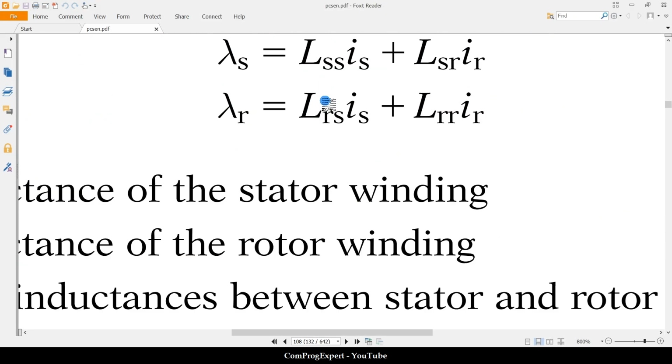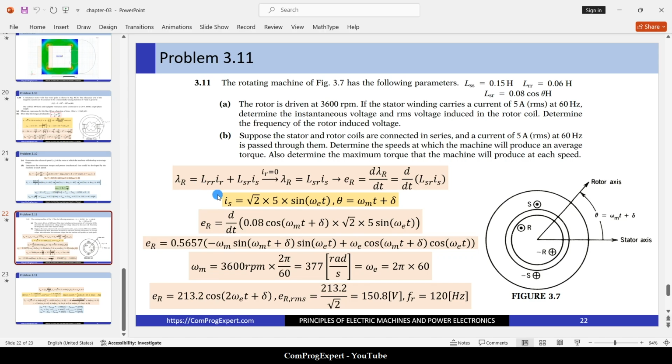This is lambda R, the flux linkage to the rotor coil. The rotor coil is open circuit, IR is 0, so the flux linkage to the rotor coil is LSR IS. We only have the current in the stator coil. And here, as you can see, the value of the EMF in the rotor is equal to the derivative of the flux linkage with respect to time, that is this one.